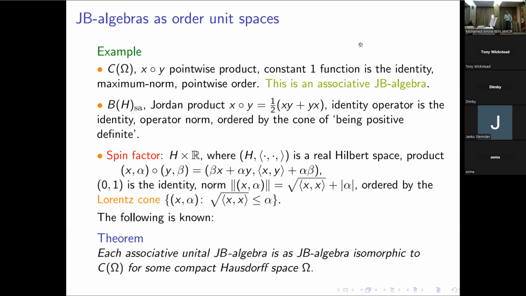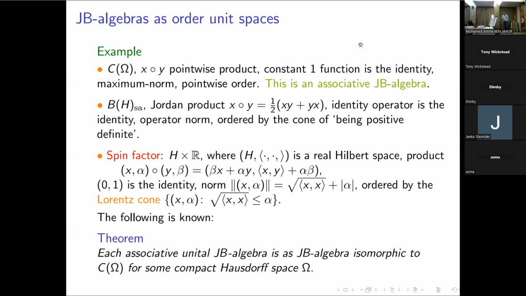And you have also these self-adjoint operators on a Hilbert space with the Jordan product, the identity operator as the identity and the order unit, we use the operator norm, but that's then the same as the order unit norm for this identity. And as the cone, we use the cone of squares, and that is being positive semidefinite in this sense.